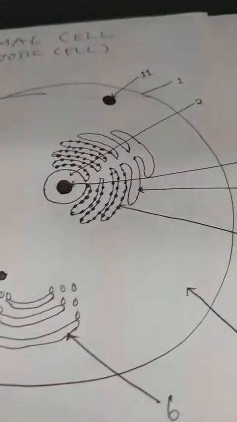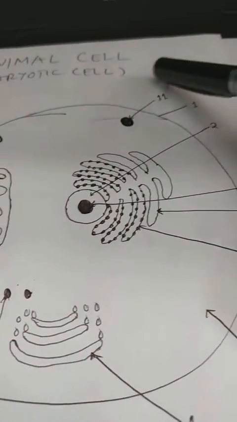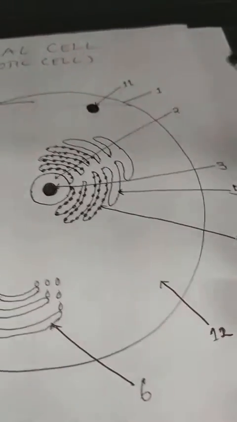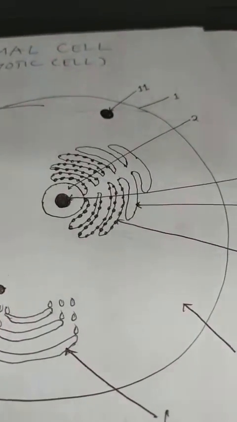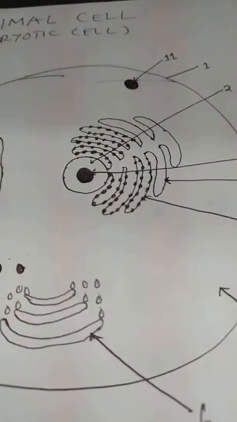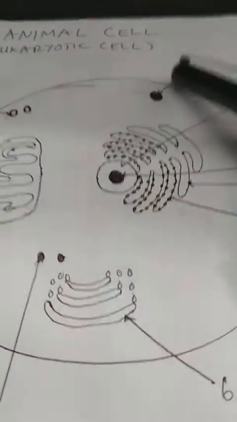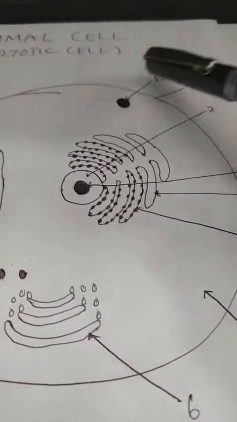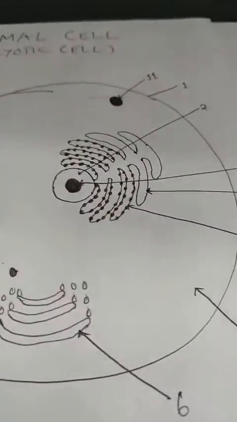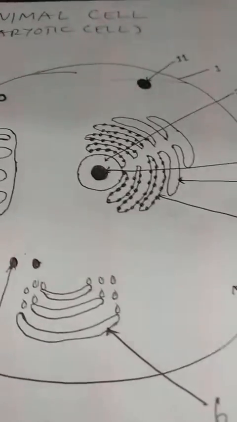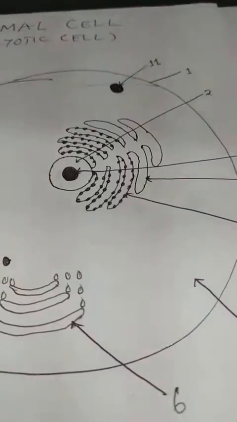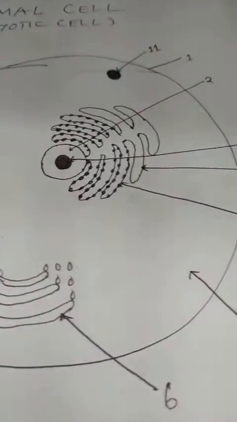So let's move to our last structure here, labeled by number 11. This is a structure known as our peroxisome or microbody. We have this very small body known as the peroxisome, and its main function is that it helps in cell detoxification of drugs.